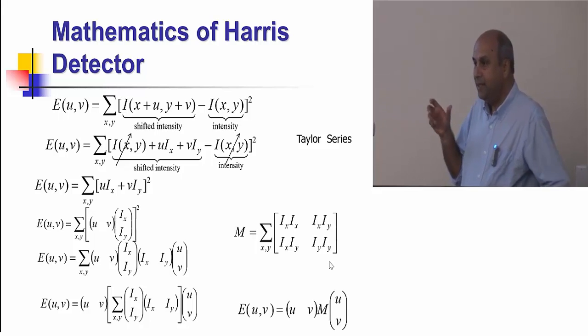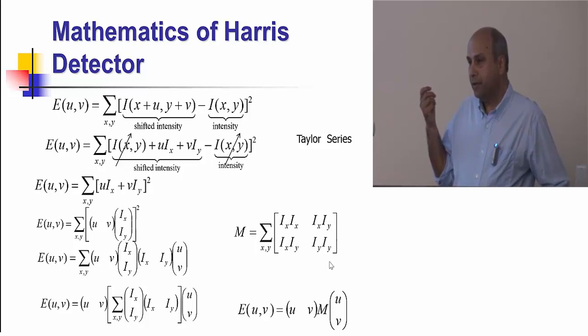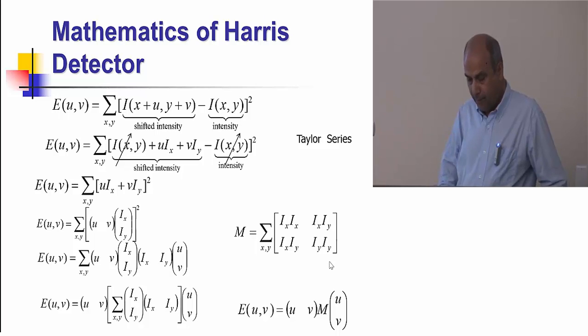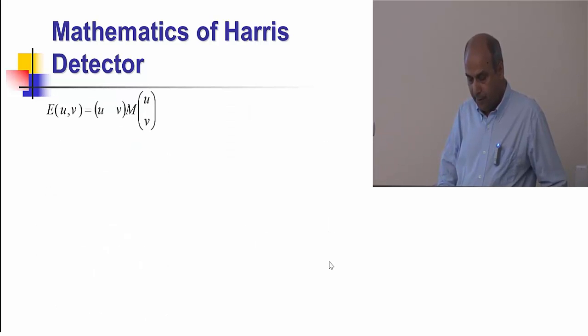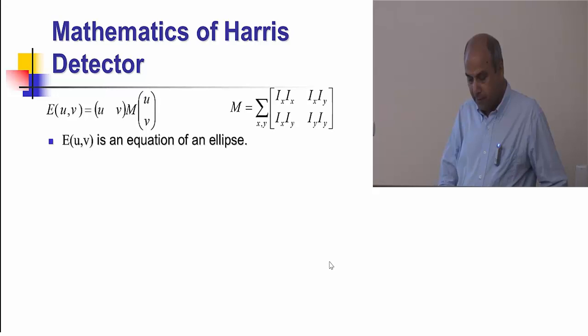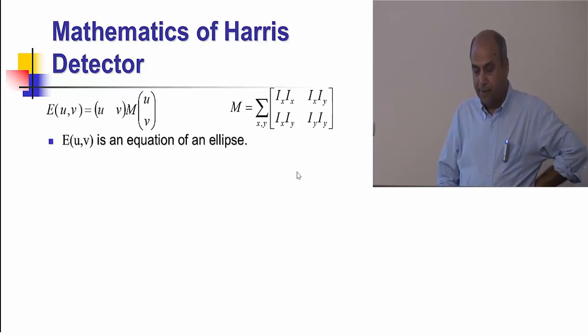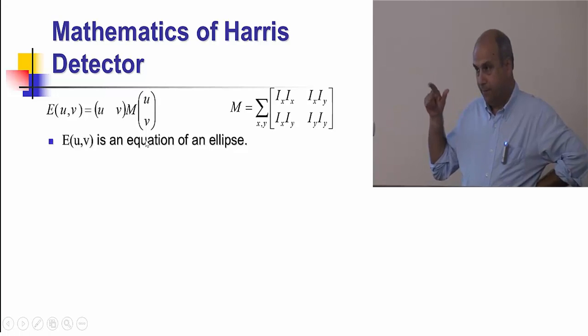So we have this E, which is the error function, which gives us a value with respect to shift. And that's what we are going to use. In a way, if you look at this, this is the equation of an ellipse.